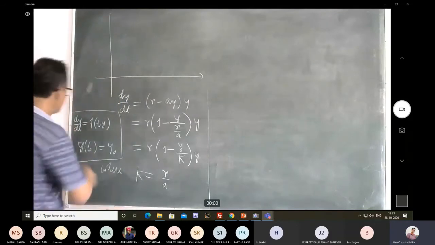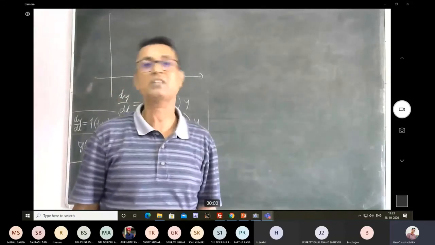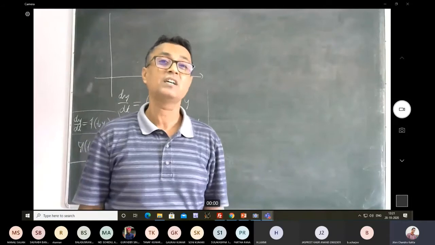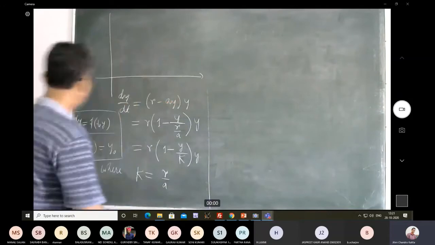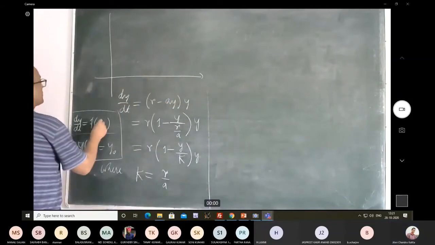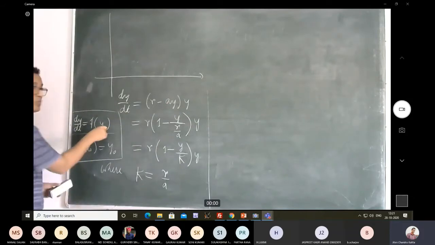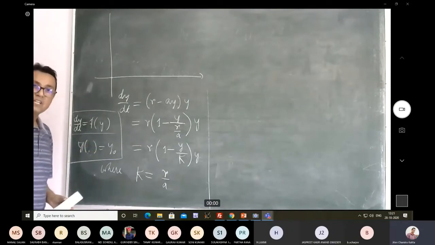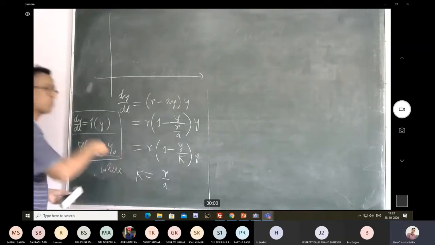Now, if this initial value problem has to represent an autonomous system, the independent variable t cannot exist explicitly on the right side of the differential equation. Because I am considering a single equation, this has to be a function of y. Here t is time, so at t equal to 0 the population is y naught.